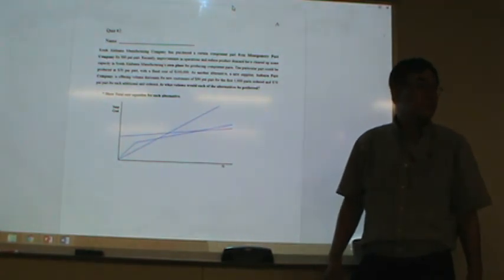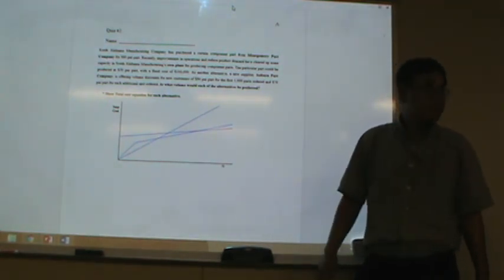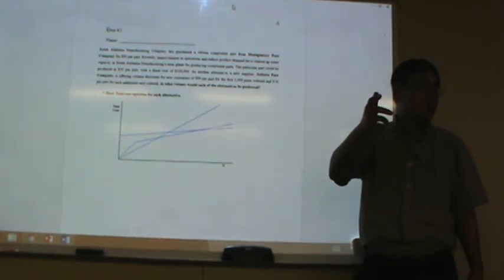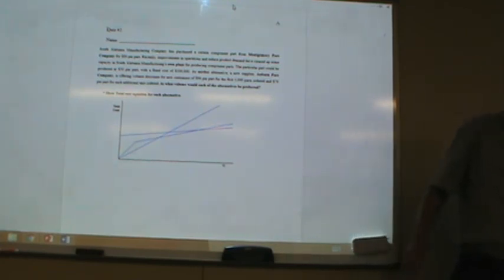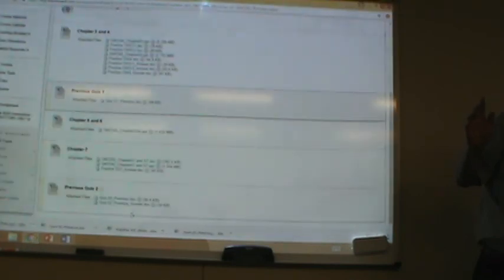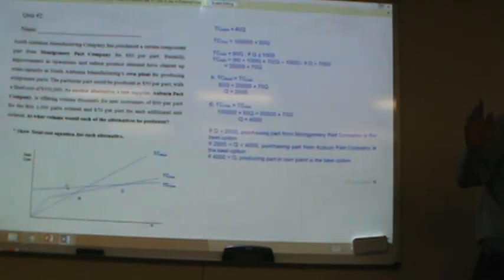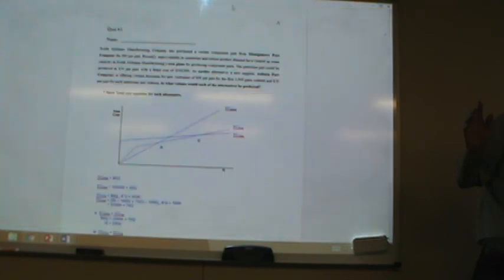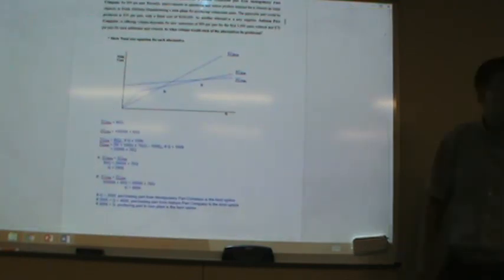Will the quiz be like that also with the graph? Same. Okay. I will only change the numbers and some words. So this is hard, I know. So I gave you answer 2. Good practice. I gave you the answer.